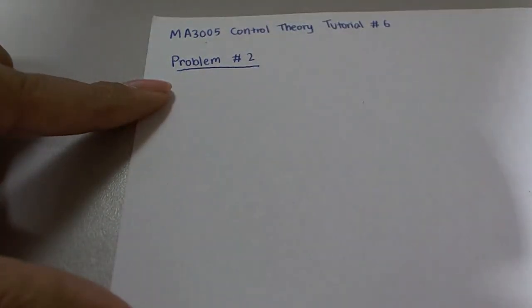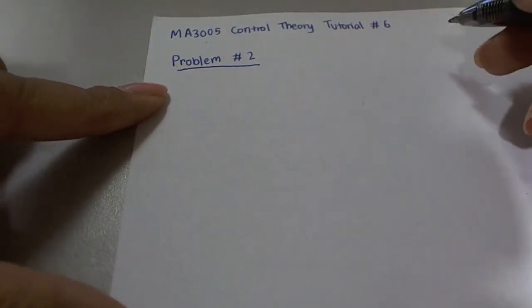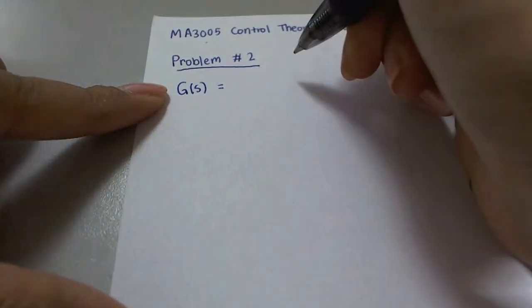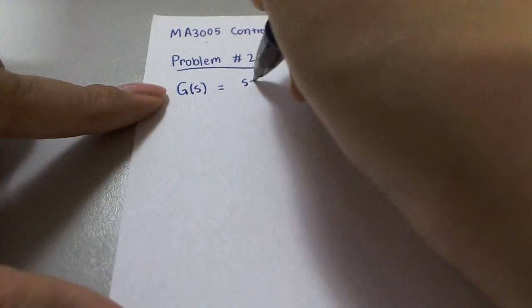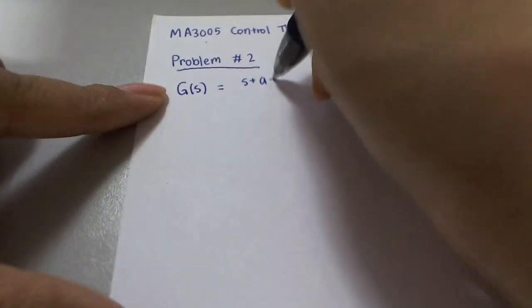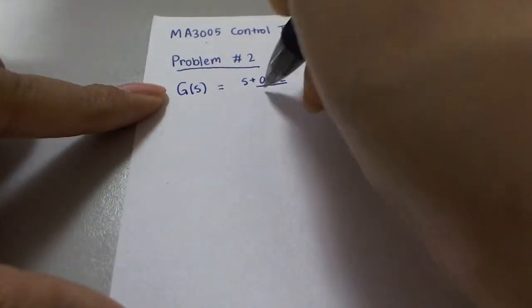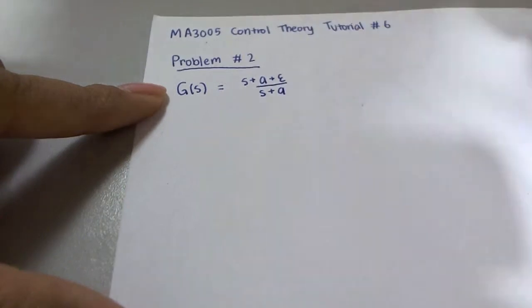So in this problem, we're given an open loop transfer function, G(s), and it consists of a pole and a zero: (s + a + epsilon) over (s + a).